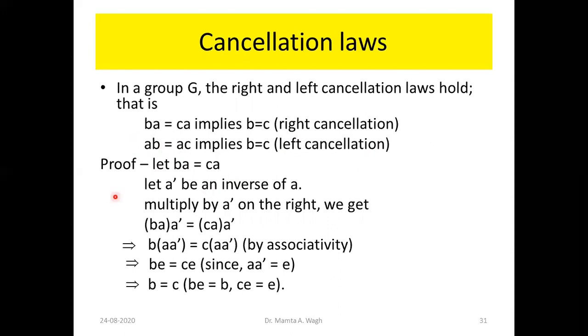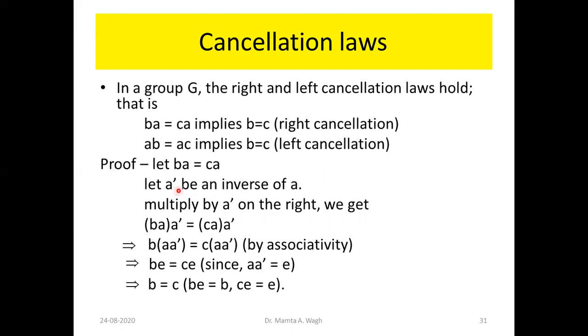So we are proving first one, the right cancellation. So let BA is equal to CA. Now, because this G is a group and A, B, C are elements of G, since G is a group, it has inverse of all its elements. So inverse of A also exists.